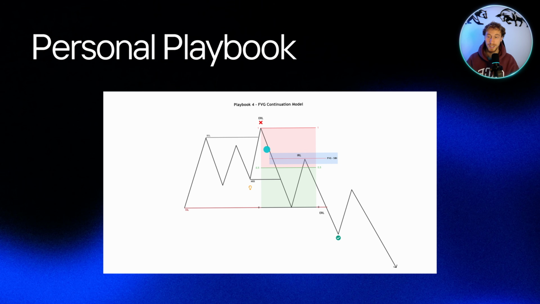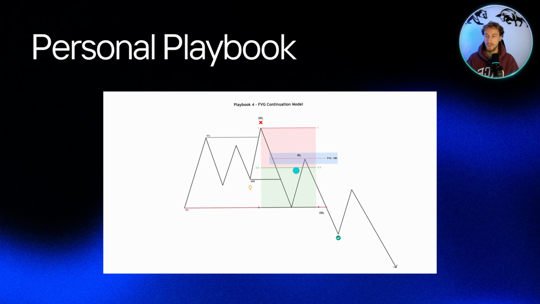So my short entry is inside this fair value gap here, and I'm targeting my drawn liquidity, in this case those relative equal lows. I'm taking full profit at the external range liquidity. So my entry is inside this fair value gap, SIBI, that is inside the premium of this dealing range.